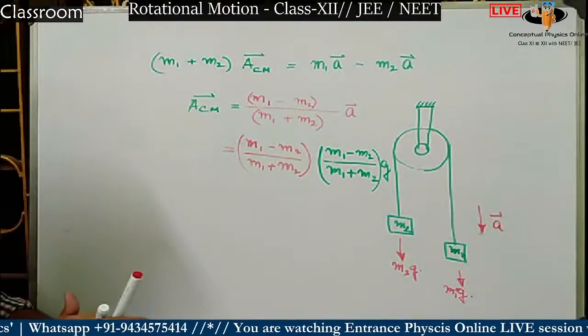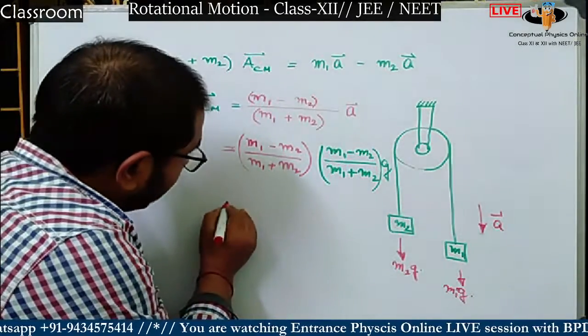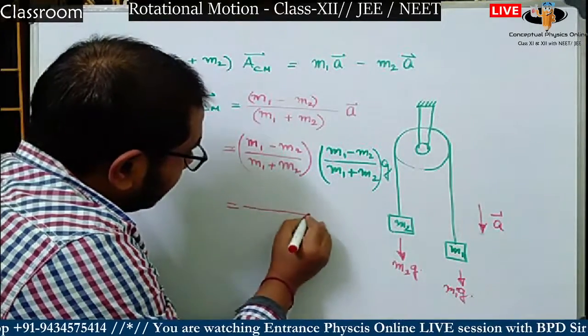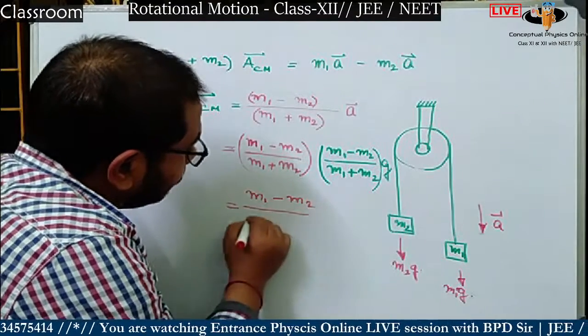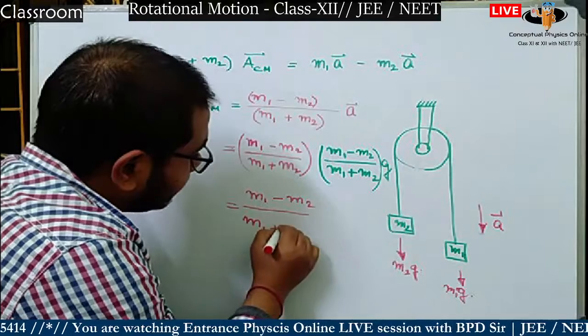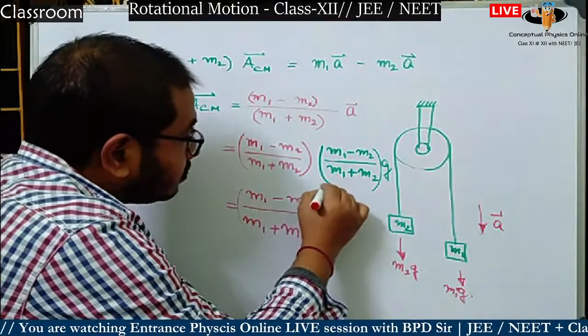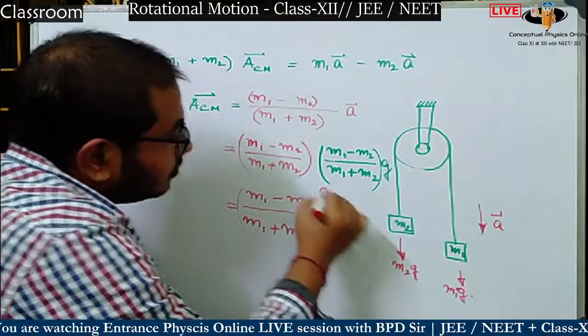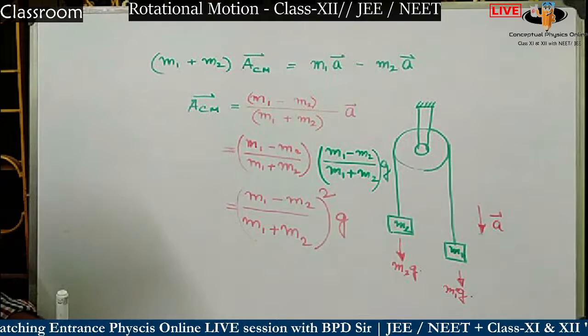Now as a whole they become m1 minus m2 by m1 plus m2, whole square, into g, right?